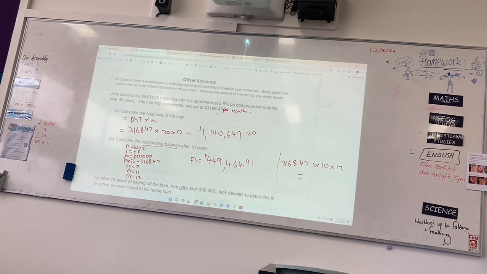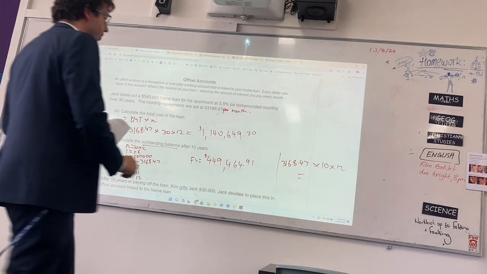Your payments are that much, but it's actually not reducing the balance by that much each month, because every month you're getting charged interest. Your payments are slowly reducing the balance, and early in the life of your loan, that balance is reducing quite slowly because the interest charged is quite high. So that strategy is wrong.